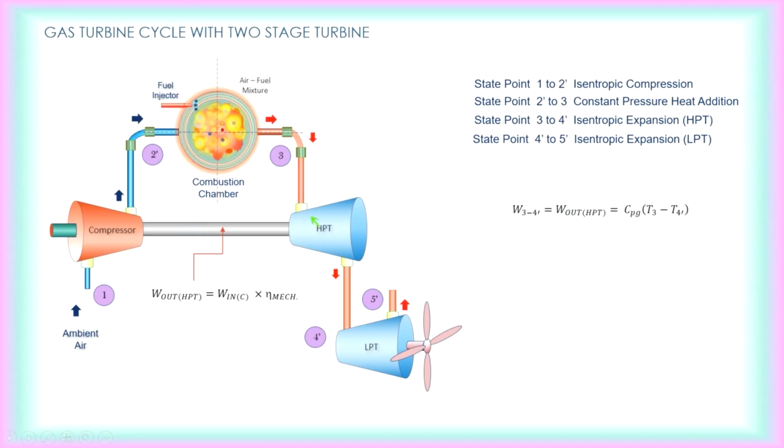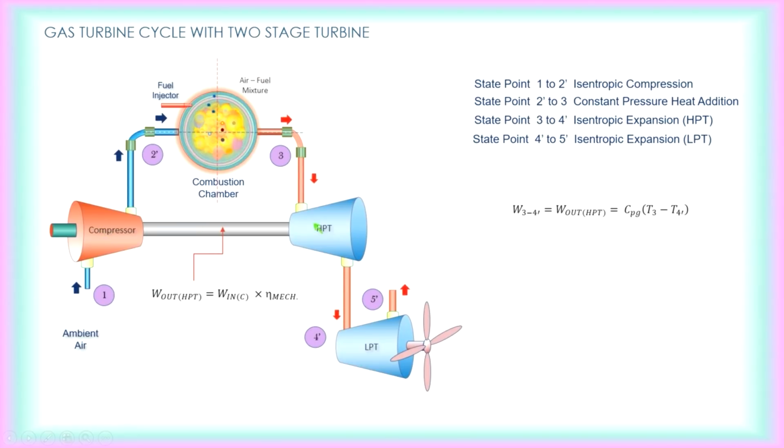So the high pressure turbine actually generates work. So you have work output from the high pressure turbine. I put a subscript HPT here, which represents the work output of the high pressure turbine. The work output of the high pressure turbine is used to drive the compressor.